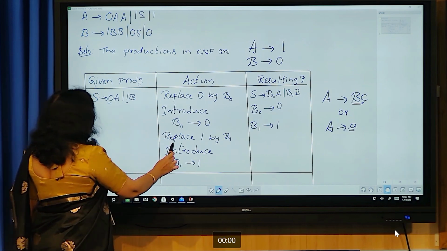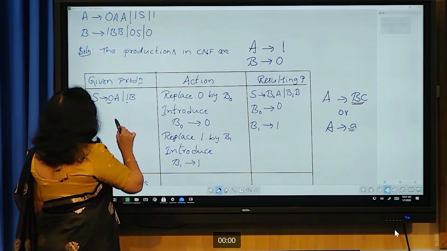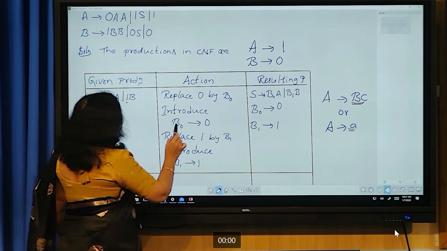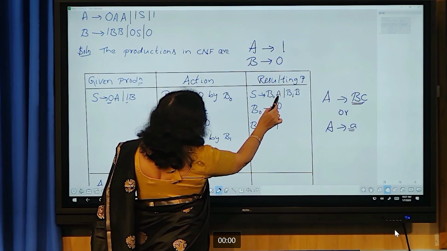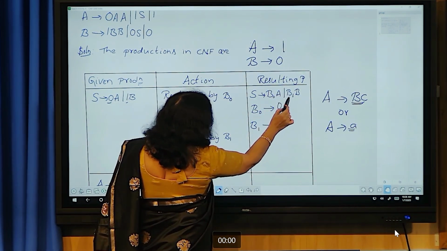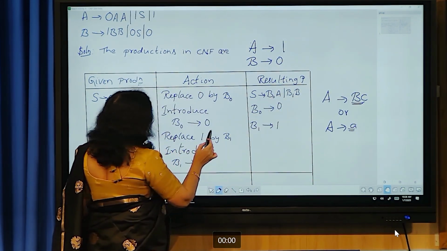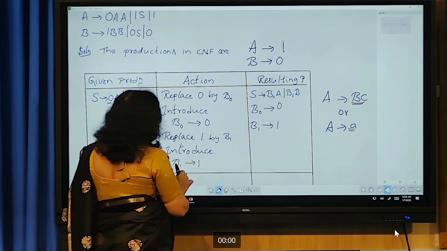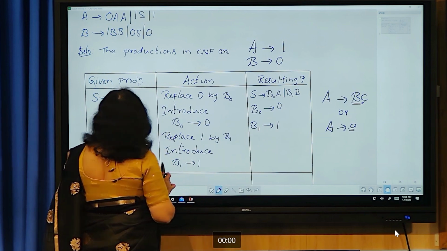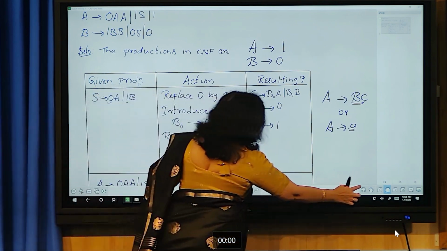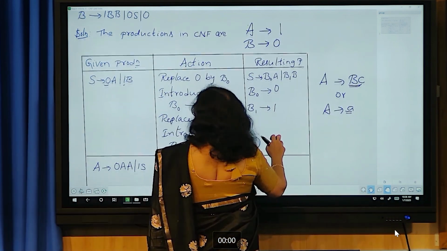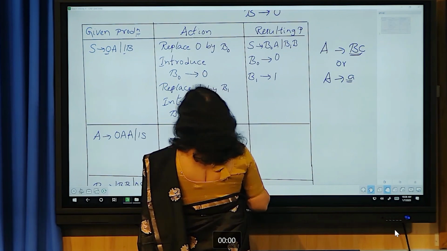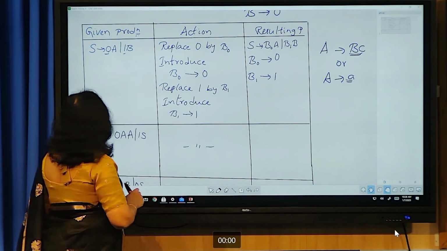Now after this replacement, this will become S produces B0A, S produces B1B. So we have introduced B0 produces 0 and then B1 produces 1. Similarly, we will do the same thing for the next productions. So the replacements remain the same.